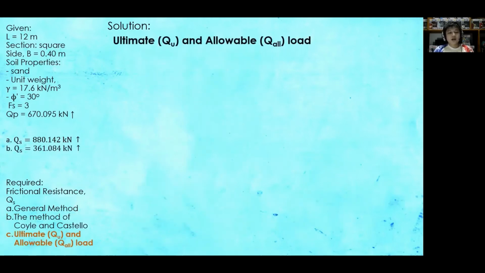So for the last requirement, which is the ultimate or Q sub U and the allowable or Q all load, consider the average values of Q sub S according to the problem, or you may select the value which is lower, which means that it is more conservative.